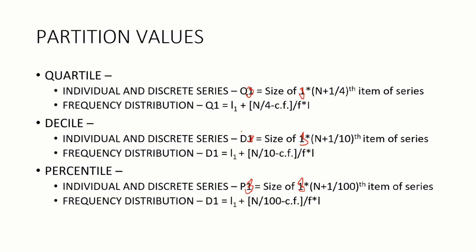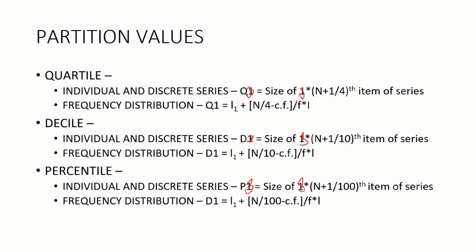So, now this is for individual and discrete series. What about frequency distribution? Well, over and over again, I'll tell you that in a frequency distribution, quartile 1 equals L1, which is a lower limit. Now, remember, over here in this explanation, what does L1 mean?